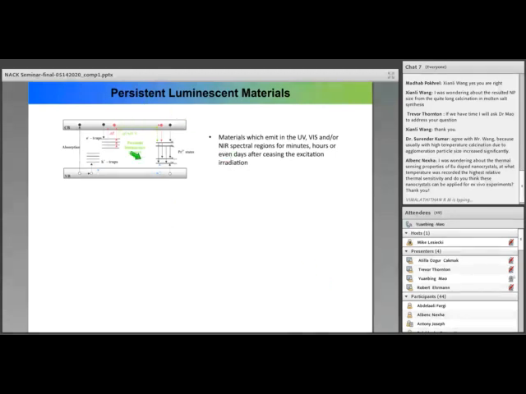In terms of persistent luminescence, what's the difference from regular photoluminescent materials? Once they've been excited, they can luminesce for minutes, hours, or even days, even after we remove the excitation source. So the mechanism is quite different. Based on the current understanding, persistent luminescence is because there are electron traps or hole traps.